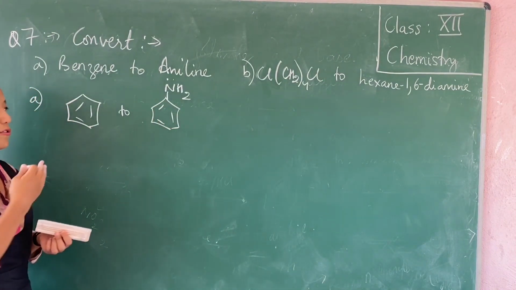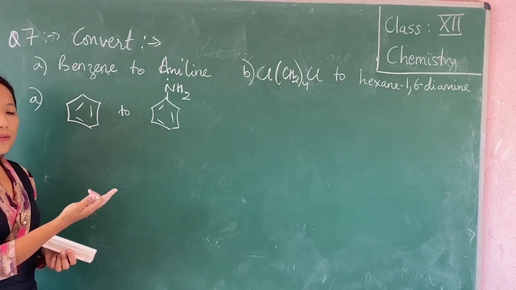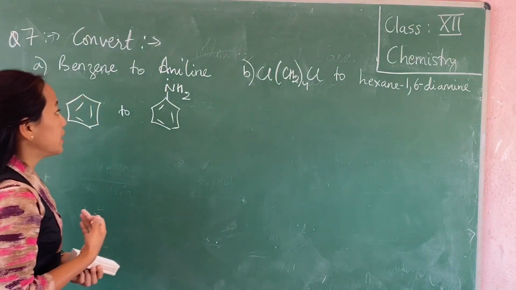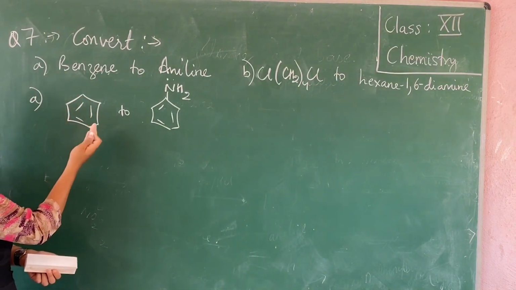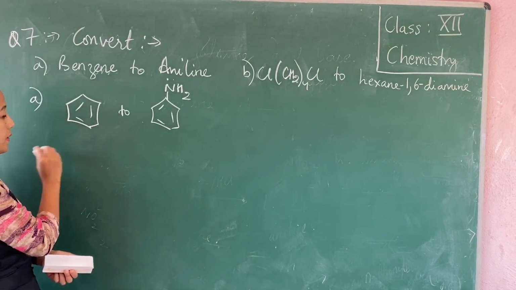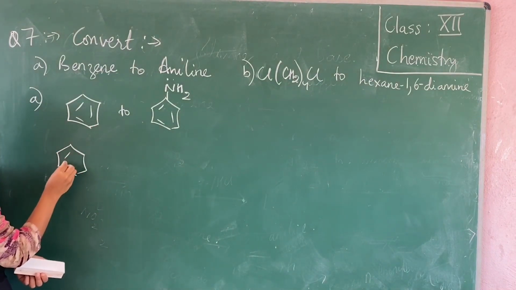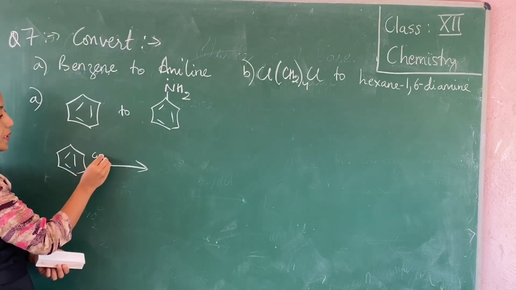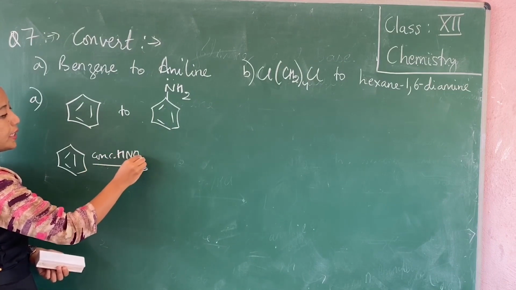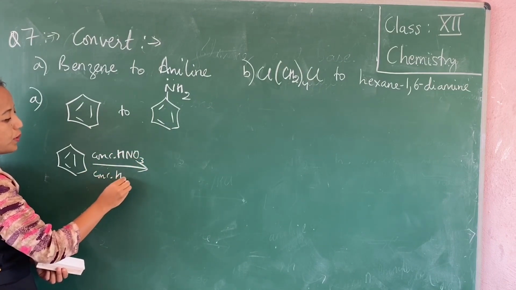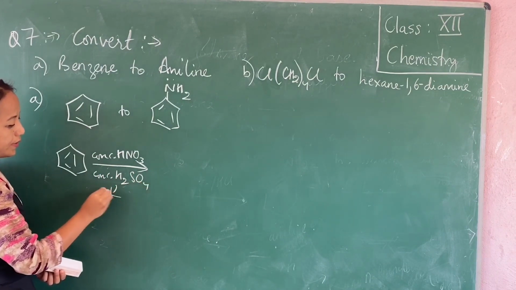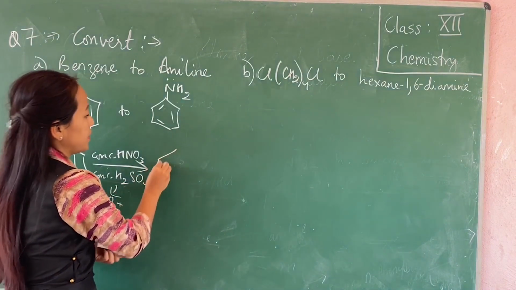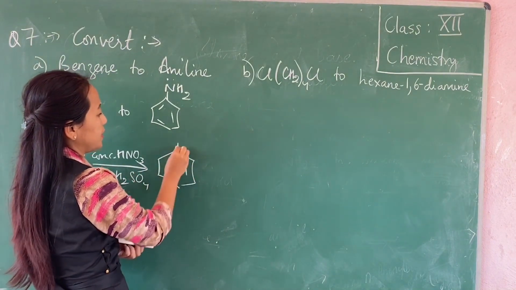First you have to think about converting benzene to an intermediate which can then be converted to the product. Okay, so in this case, think about converting benzene to nitrobenzene. So nitrobenzene is obtained when you treat it with concentrated HNO3 and concentrated H2SO4, which acts as a nitrating agent. This gives NO2 plus, which gets introduced on the benzene ring, and you get nitrobenzene.